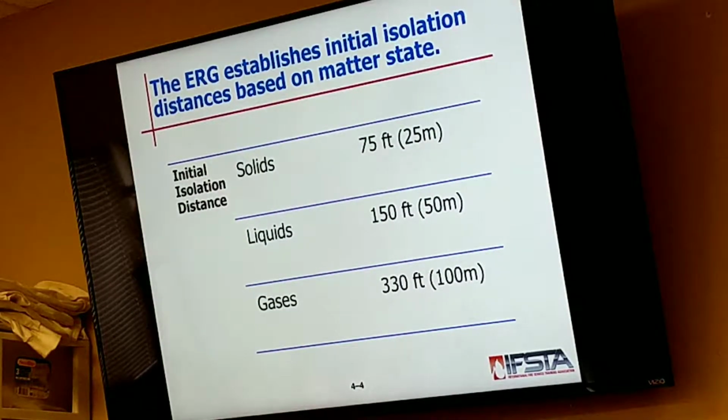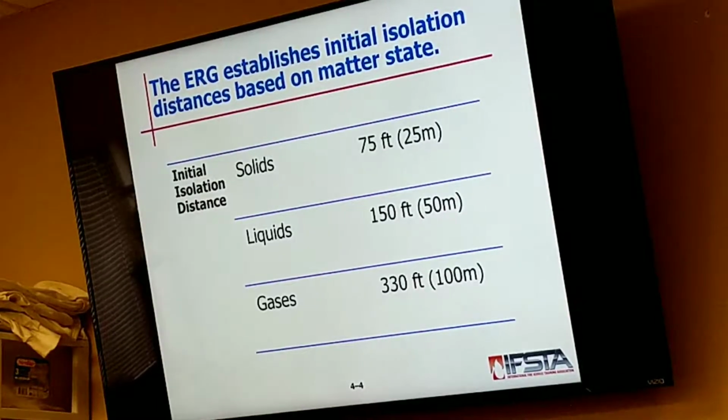In the ERG, we talked about already that they have initial isolation distances, and for most of these, if it's a solid, it's going to be 75 feet. A liquid's going to be 150 feet, and gases are going to be 330 feet.